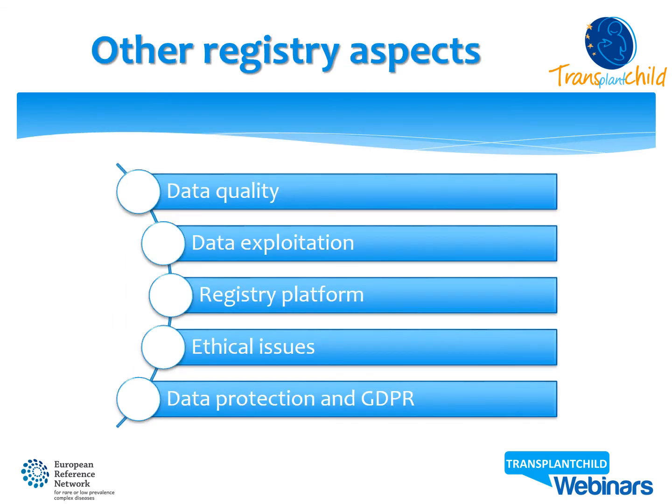Even though we mentioned 4 of the main steps and aspects necessary to build a registry, registries are much more complex, so there are more aspects that should be considered. For example, data quality. It is important that we are sure that we don't have duplicated and that we don't have empty data, that all our data is well collected and stored. But it is pointless to have all this data collected if we're not going to take advantage of it.